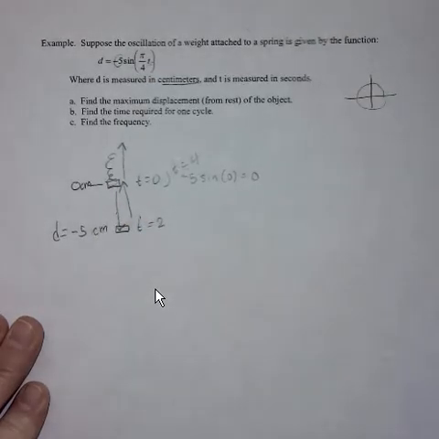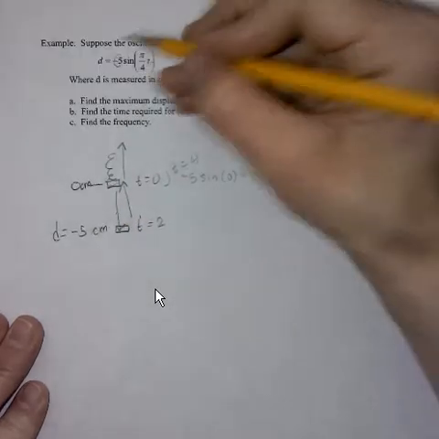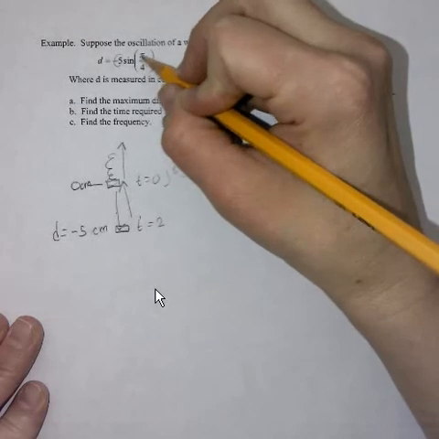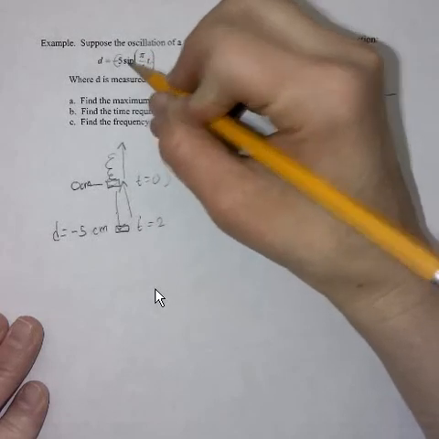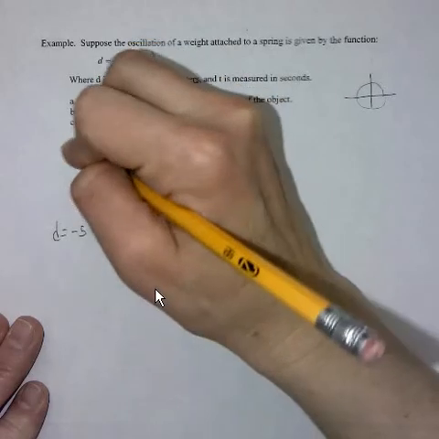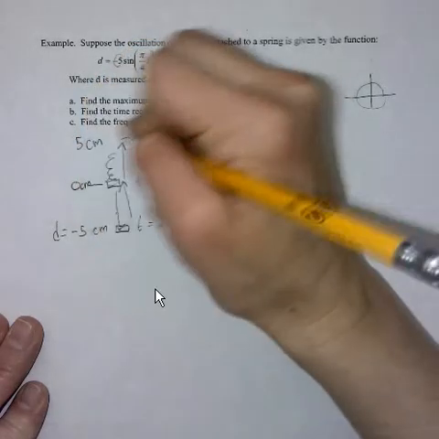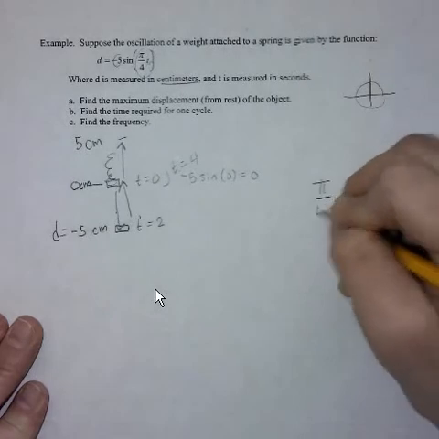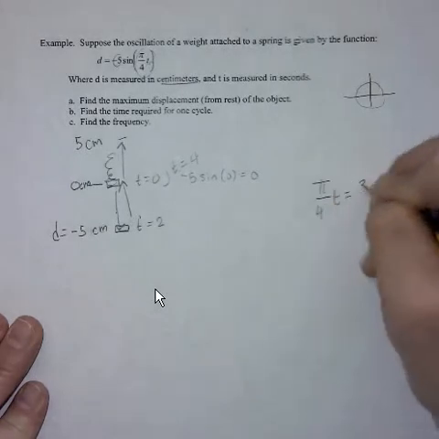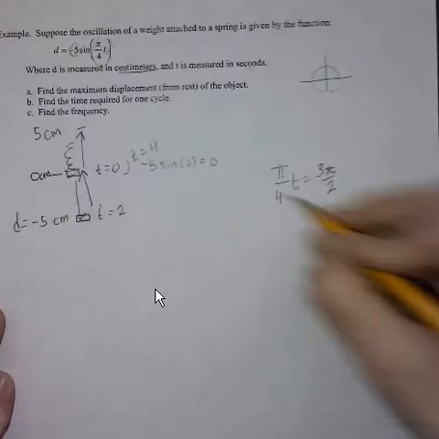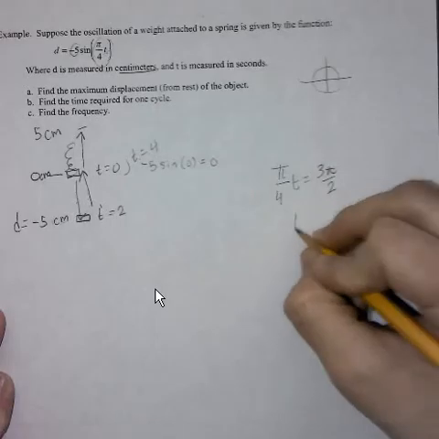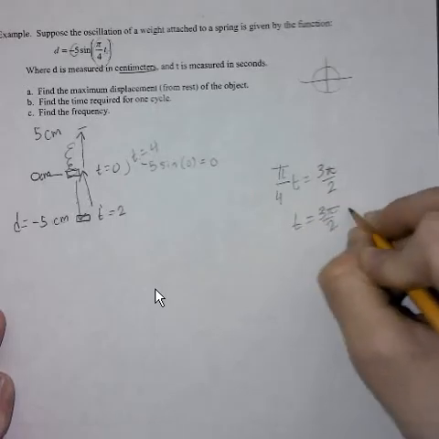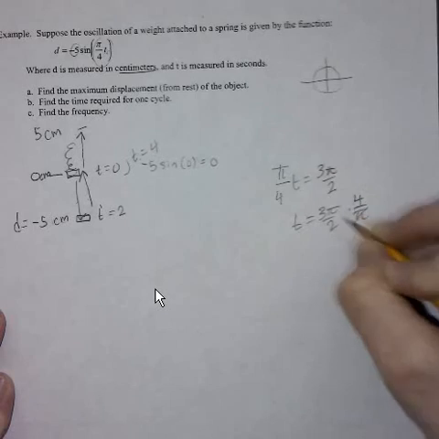3 pi over 2 is where sine is -1, so that's where we would be at our max of 5 centimeters upward. It's going to be when this is 3 pi over 2. So I could just solve that for t: t is 3 pi over 2 times 4 over pi, and so that would be 6 seconds.